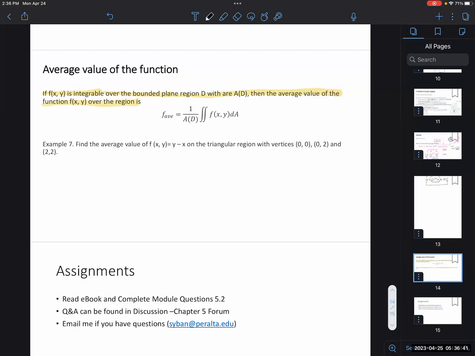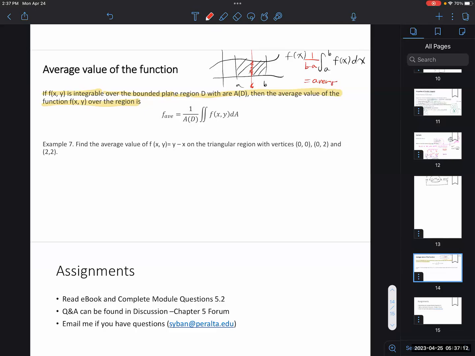Just in one variable, integral from a to b of f of x dx, this is the area. I want to find out the average. There's some number that gives you the average value of that function. So we used to multiply by 1 over b minus a in front, and then you can find out the average value of the function.